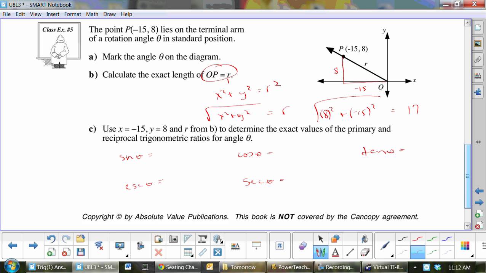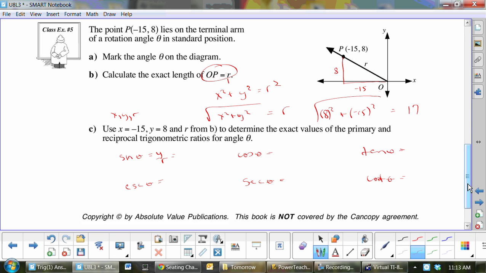And tan's buddy, cotan theta equals. Now, does everybody remember what sine is? It is, out of x, y, and r, how do you find sine? Y over r. Remember, it's always y over r.